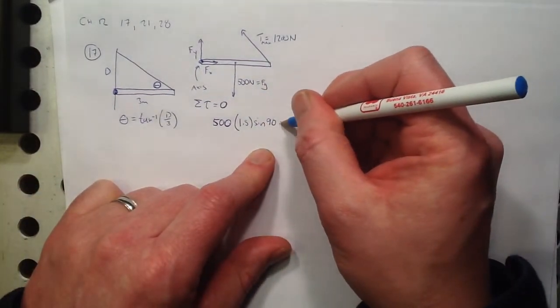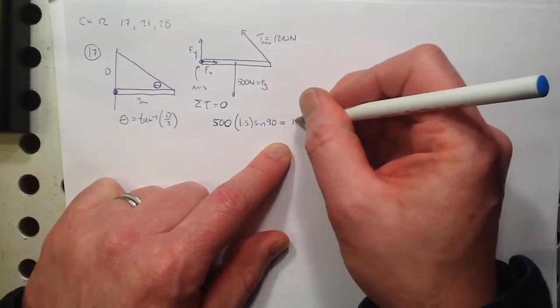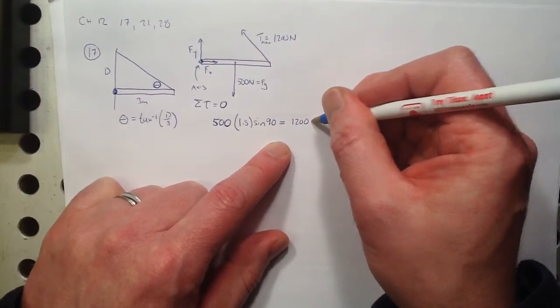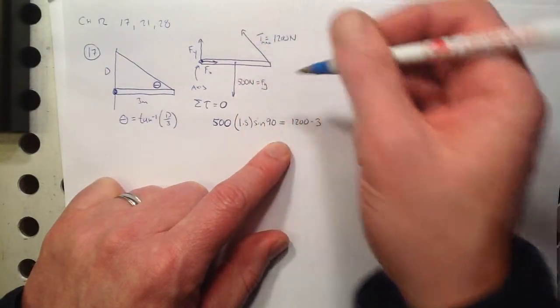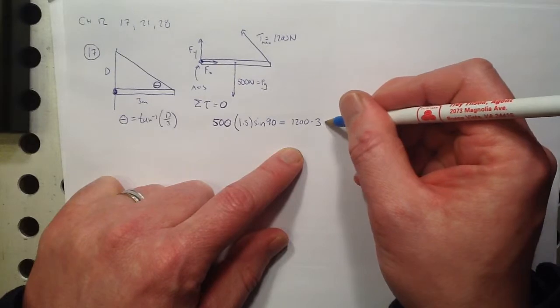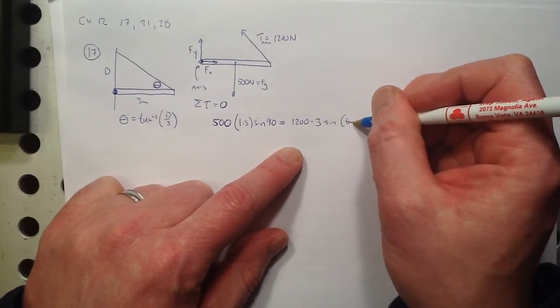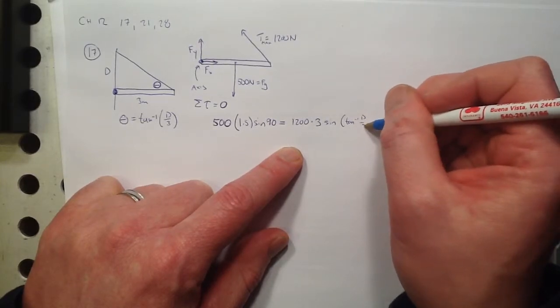And that's going to be equal to the torque from the cable, which is 1200 newtons of force, times the full 3 meters, that's where it acts. Right, that force is acting at 3 meters, times the sine of the tangent inverse of d over 3.